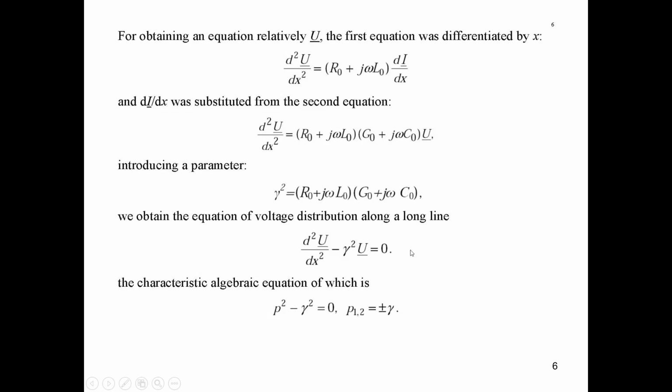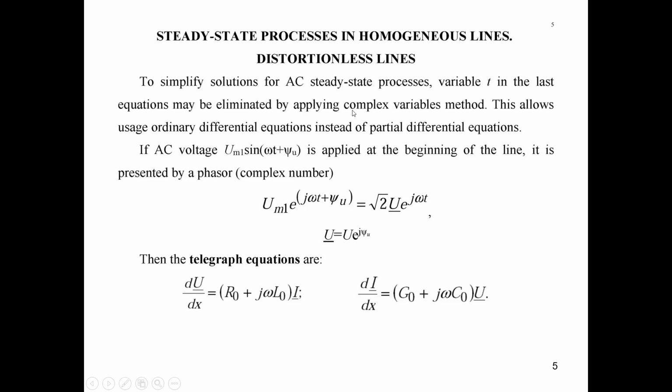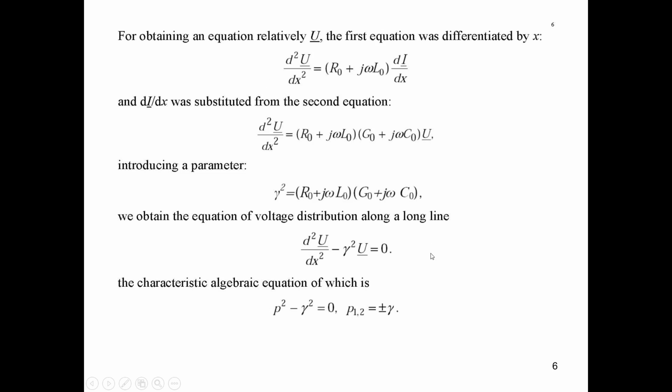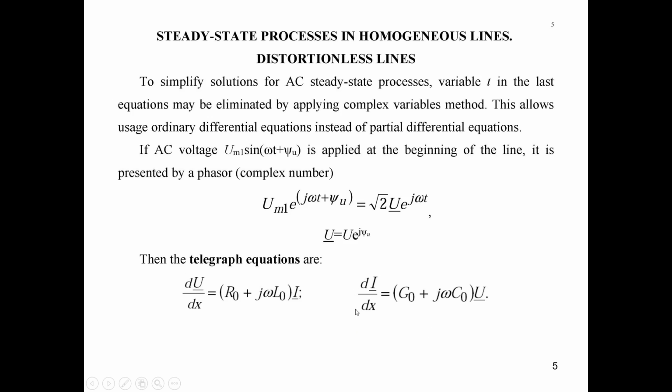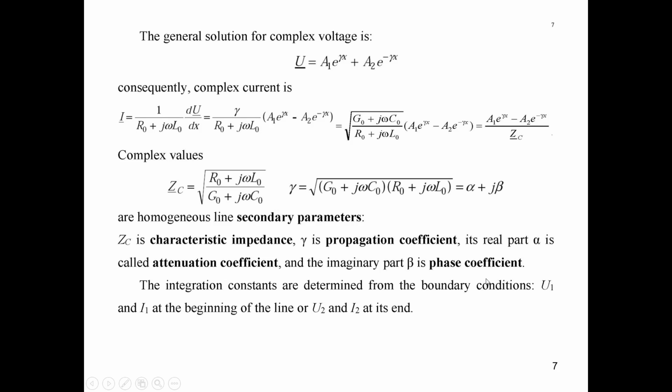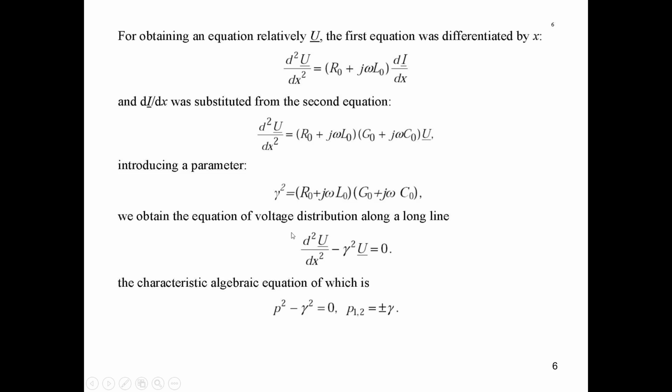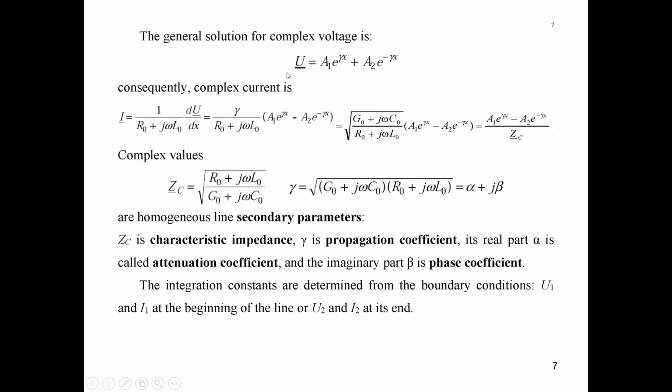Then we differentiate the first telegraph equation by x, by coordinate, and we substitute instead of di by dx the expression from the telegraph equations, and in such a way we get an equation with only u, only the voltage drop, and we write down the solution of this equation as a sum of two exponents with different signs.